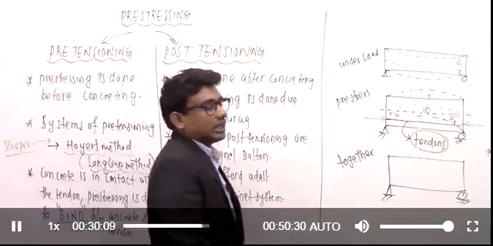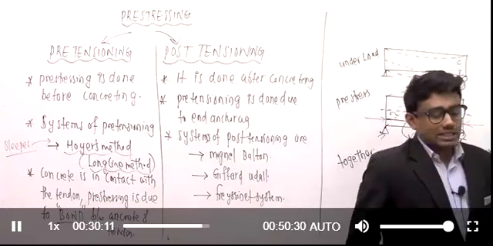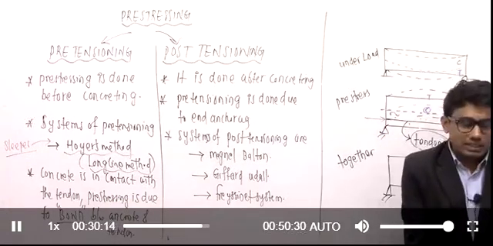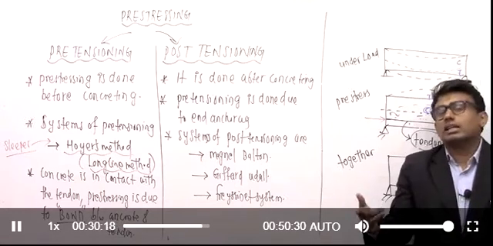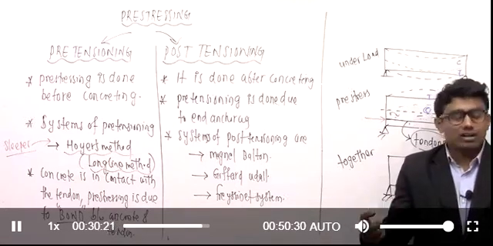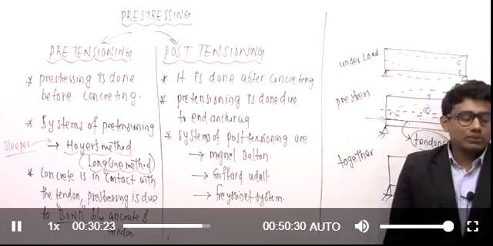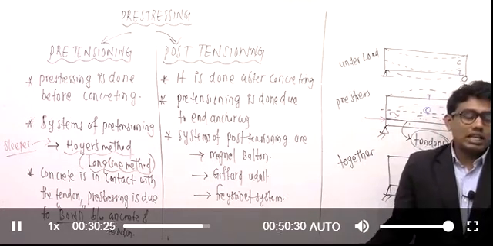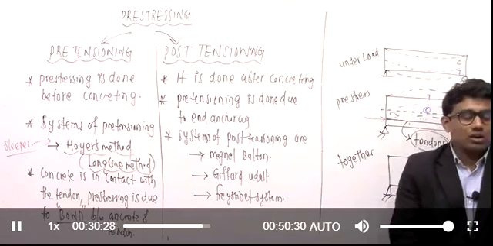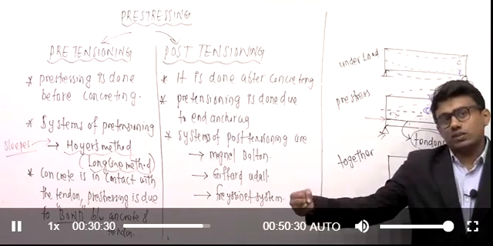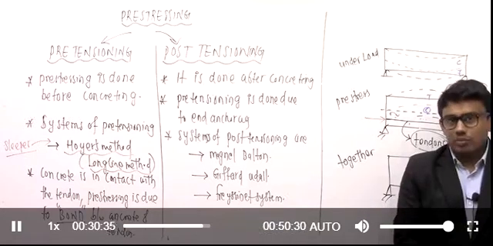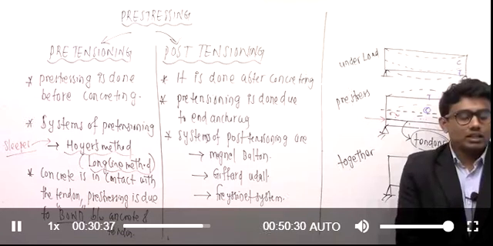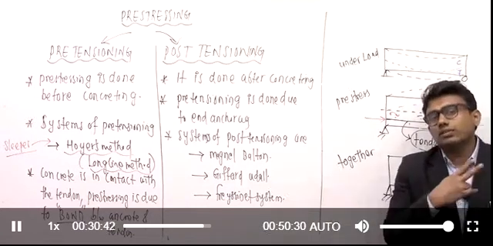Okay, you can see there in the first figure, there is a casting bed where we cast the concrete, and you can see that duct also there, through which we have to provide the tendons after concrete has hardened, right? Then in the second figure, you can see the tendons are provided inside the ducts, and after that we are going to stretch it, and after stretching we are going to provide the anchorage. You can see that in the third figure, and after providing the anchorage, I am going to cut the tendons after the anchorage.